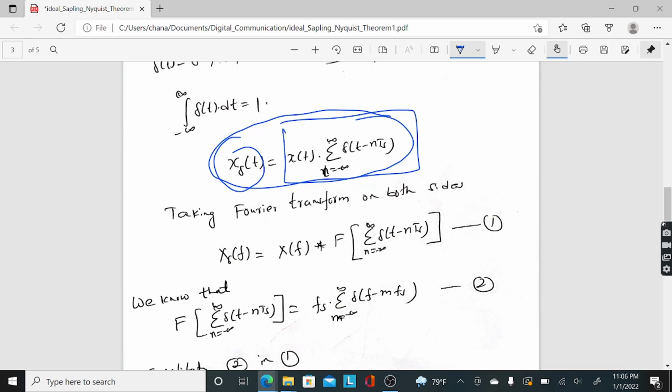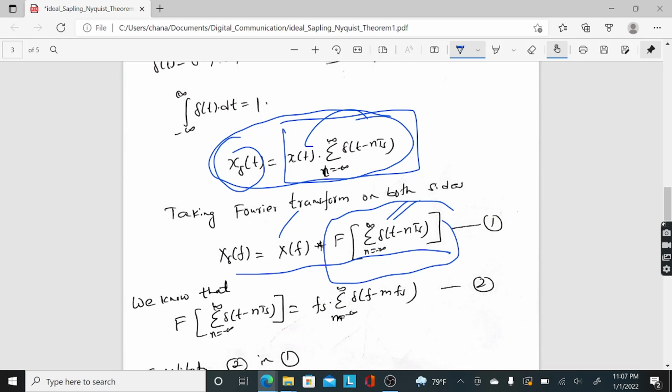Since I have multiplication in the time domain here, it would be convolution in the frequency domain. So x delta of f would be equal to X of f convolved with the Fourier transform of the impulse stream, which is summation n equal to minus infinity to infinity delta of t minus nTs. Now this part, X of f, we already know the plot.